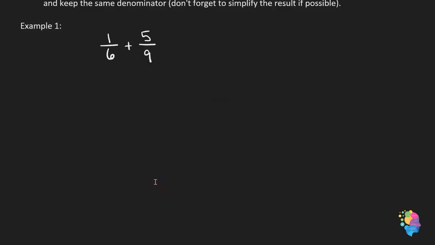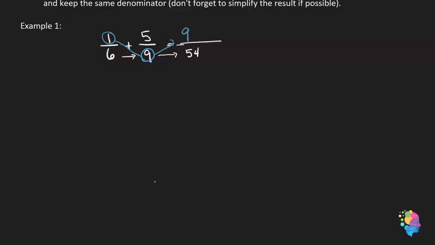We begin by multiplying the denominators. So let's do that. I'm going to multiply 6 times 9, and that will give me a 54. The next step is I will have to multiply the first numerator times the second denominator, and that will become my first value up here.